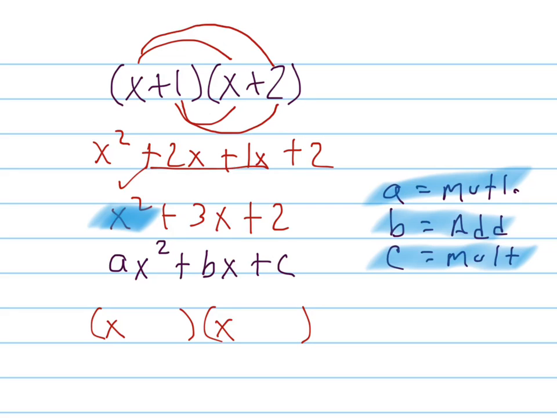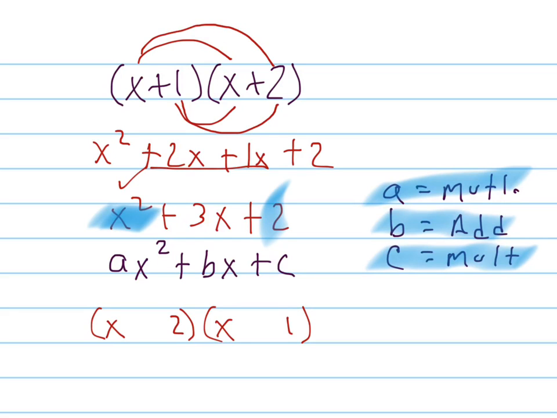Okay, that takes care of our x squared. So now we're going to have to add to the 3x, and also, we have to multiply to 2. So the only number combination that you could have is 2 and 1 here. So we have 2, 1.